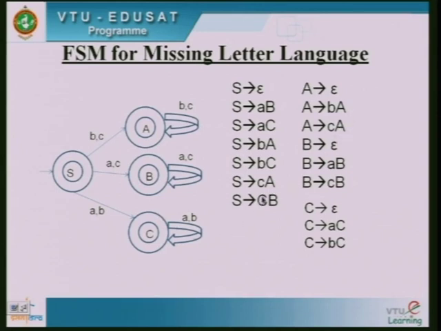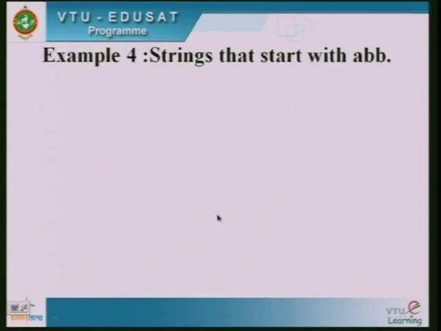Here, A derives epsilon is there, so we can make A also an accepting state, and B derives epsilon is there, so you can make B also an accepting state, and C derives epsilon is there, so you can make it an accepting state. For each rule, you can write the transitions as previously described. So this is the FSM for the missing letter language.